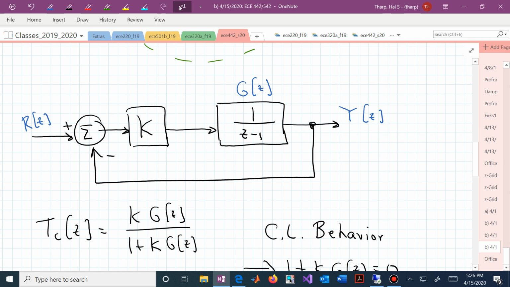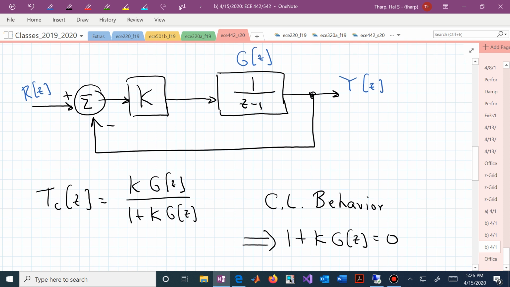We can find that from knowledge that we already possess. We know the closed loop transfer function for the unity negative output feedback configuration is kG over 1 plus kG. That's block diagram algebra. The closed loop behavior is determined by the denominator set equal to 0, which gives us our characteristic equation.